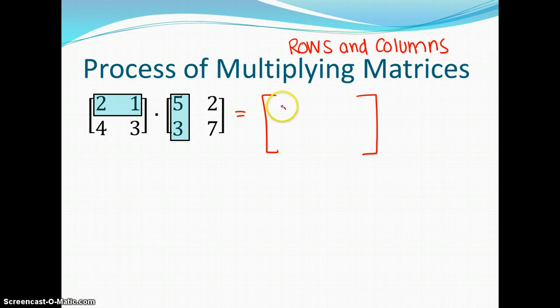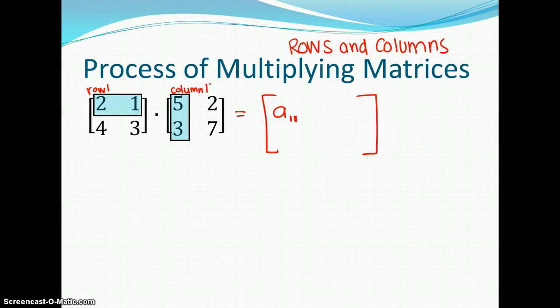We use this notation to denote an element in the matrix, and the 1 and the 1 tell you what row and what column this is located in. It also tells you what row and column you need to use in coming up with the answer for this location. For this location, you'll use row 1 and you'll use column 1.